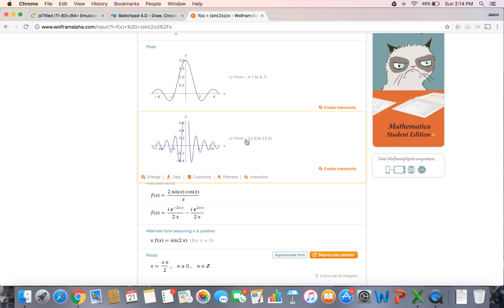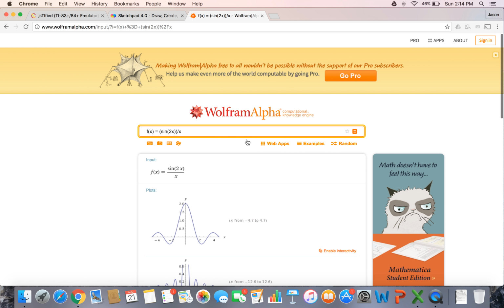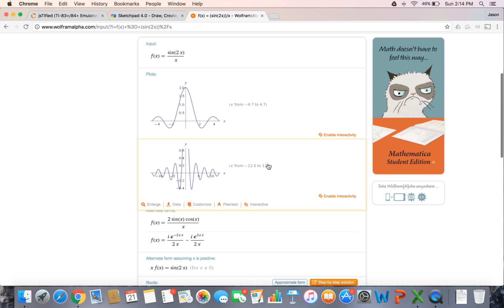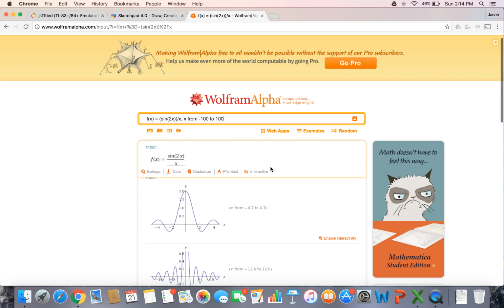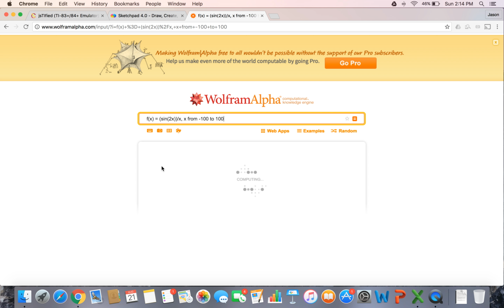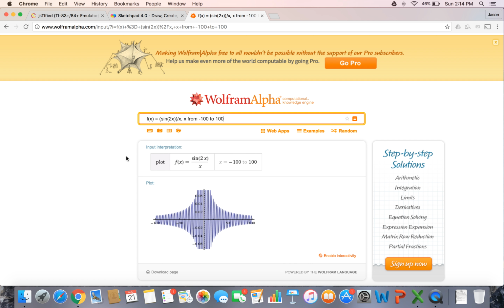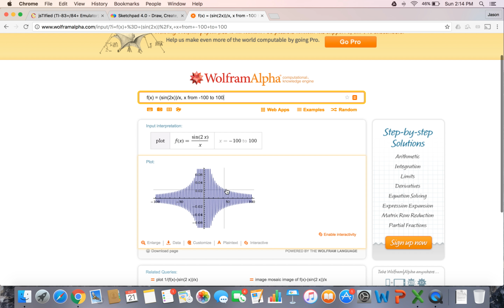You can actually say x from anything you want. So I'm going to change this, comma, x from, let's say, negative 100 to 100. Because that's from negative 12 to 12, or negative 12.6 to 12.6. Let's see what this does. And it just keeps oscillating like crazy.